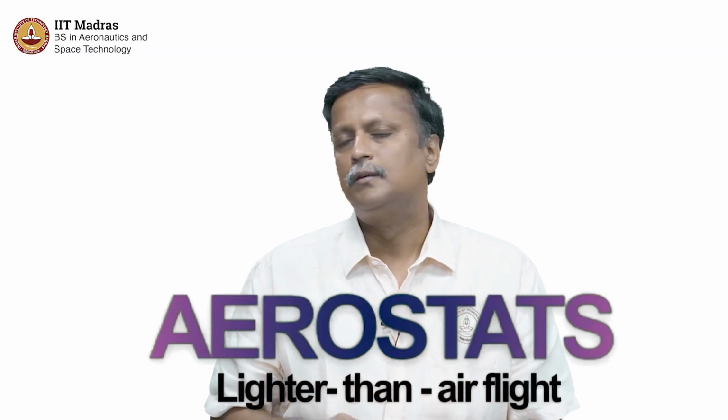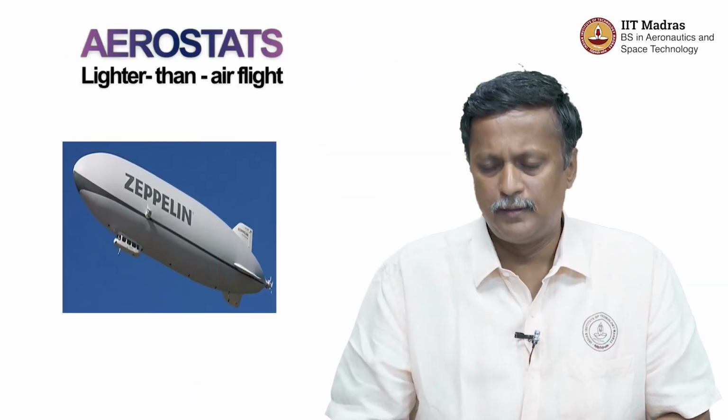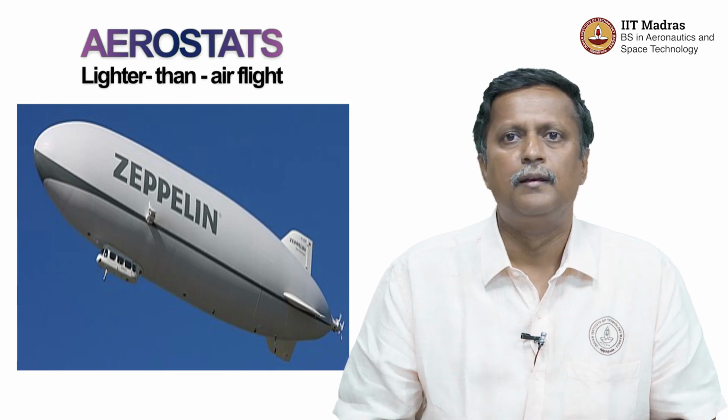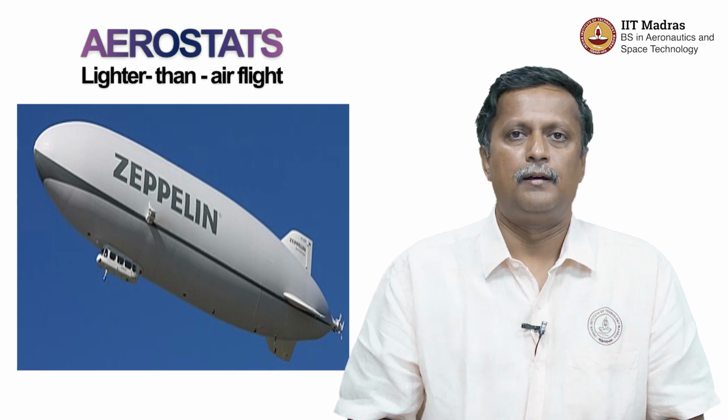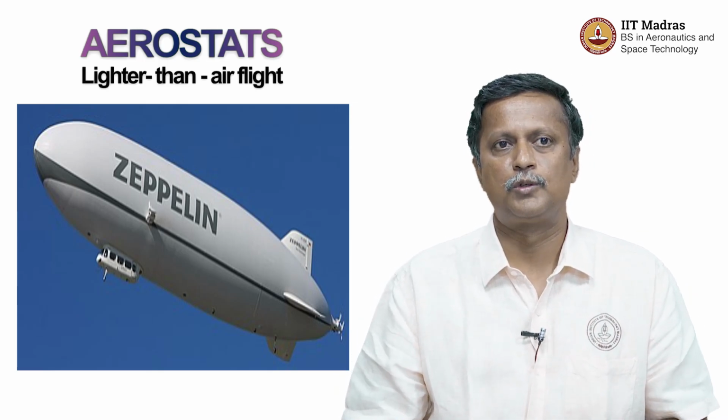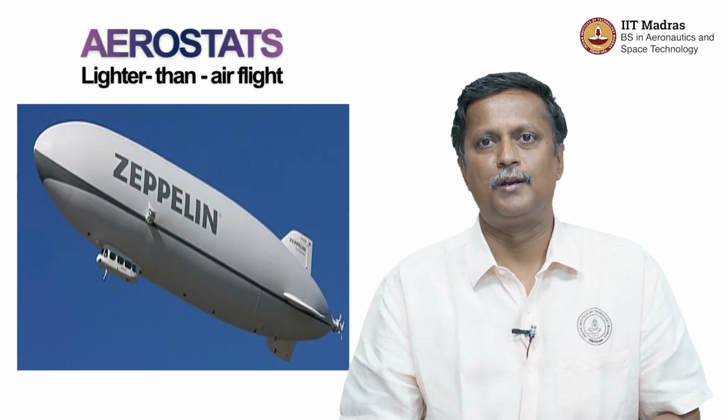To that balloon, you can just stick a propulsion system, and that becomes an airship or a dirigible. These are all lighter than air because they use the buoyancy effect. Because the density of air inside the balloon is less than the density outside, they use the buoyancy effect to stay afloat. So you can see the picture of the Zeppelin, which was an airship, and of course there is this Zeppelin which looks nicely like a modern day aircraft.